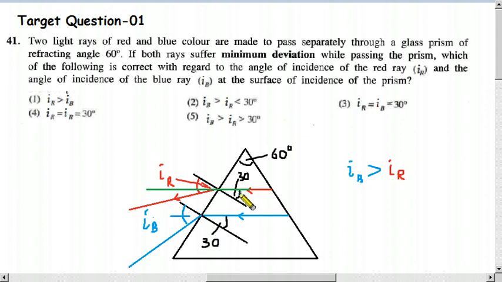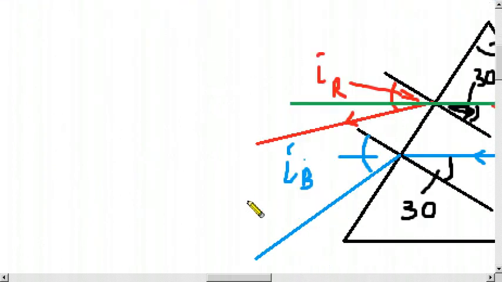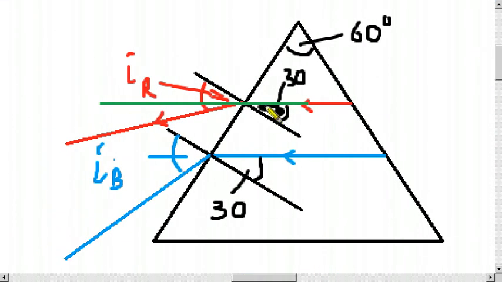If this one is 30, let us use black color, then exactly in front of this angle, this one is 30. This one is the opposite angle to this one. So I is something more than that. This one is I. So I must be greater than 30.